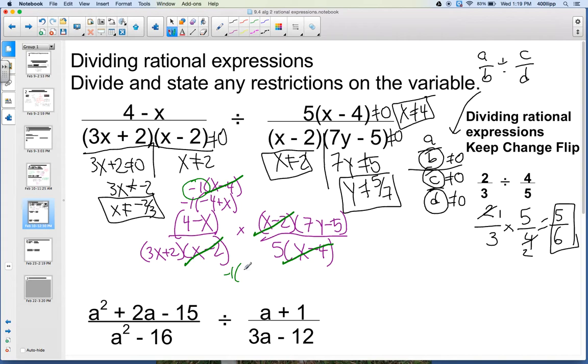Then I have 7y minus 5 over a 5 in the denominator, times 3x plus 2. And this is simplified with the restrictions that we stated earlier.